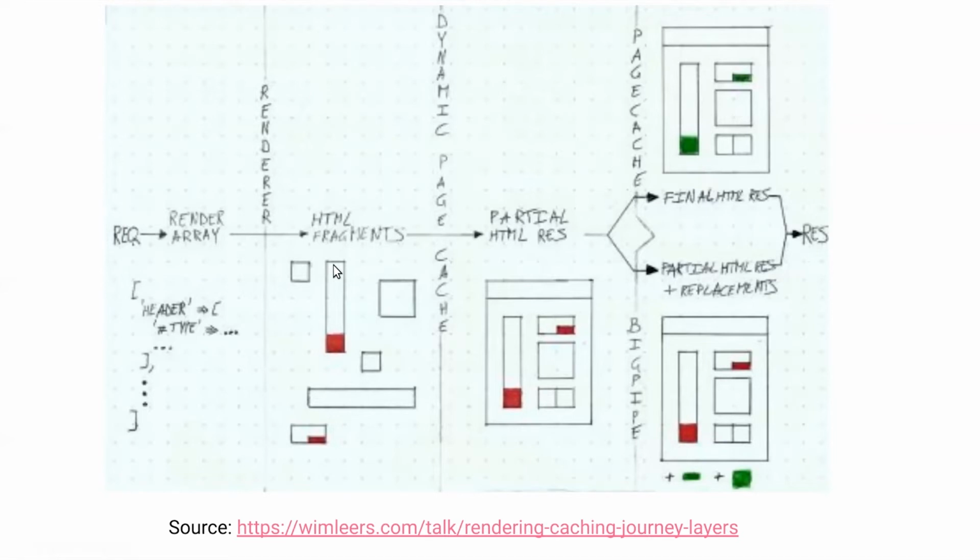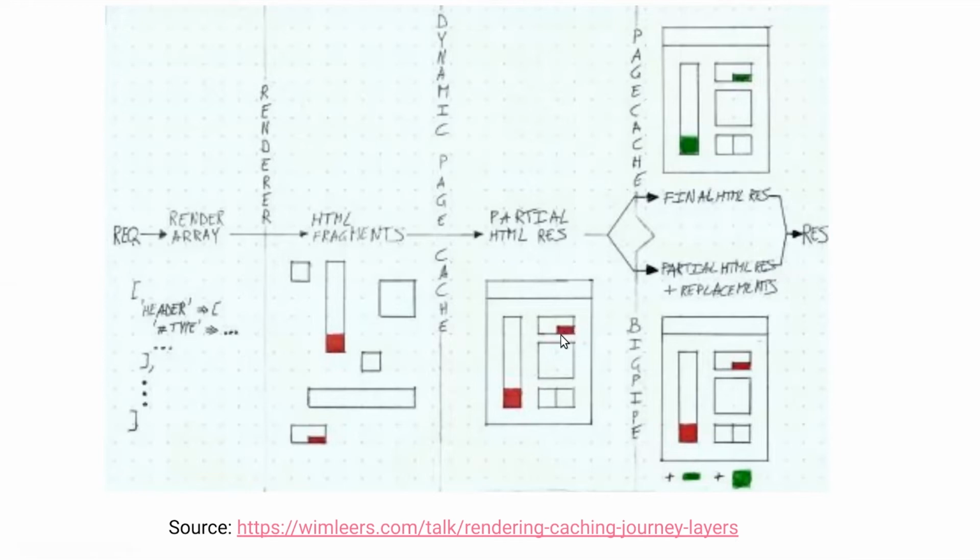Some of those fragments are not personalized, common for all kinds of users, while some of them might be personalized, and that is depicted by the red color here. These fragments are then aggregated to form a partial HTML response. So this is practically the entire page with some dynamic content that is supposed to appear.